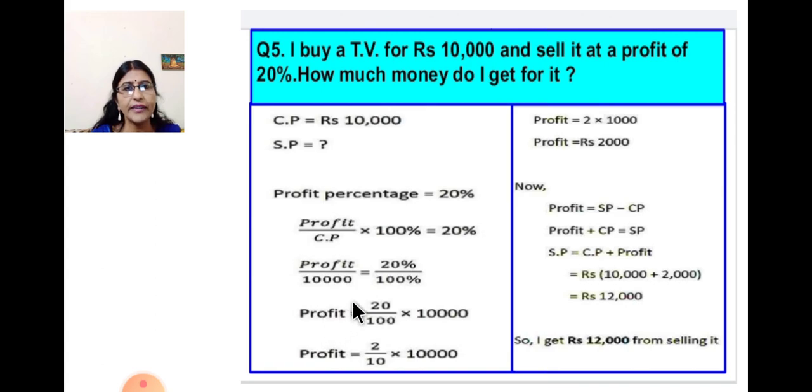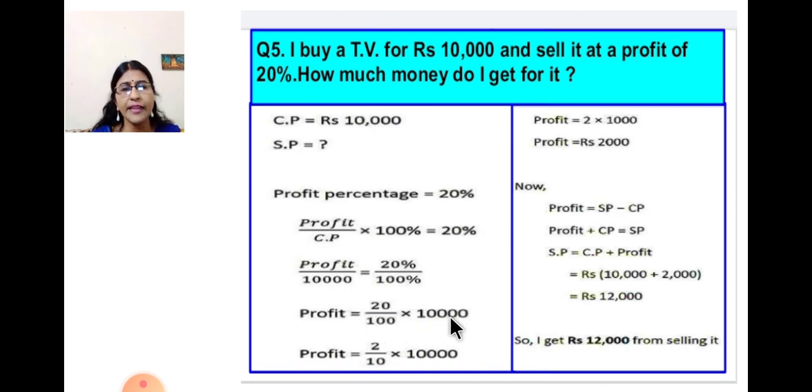So we'll write profit, and this 20 upon 100, which is on right side, and then this one here it is divided, we'll bring it to the other side, so here it will become multiplication, and 10,000 we will write. That means we'll write 20 upon 100 multiplied by 10,000.